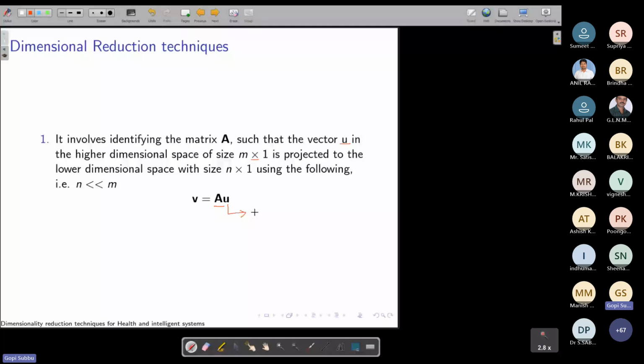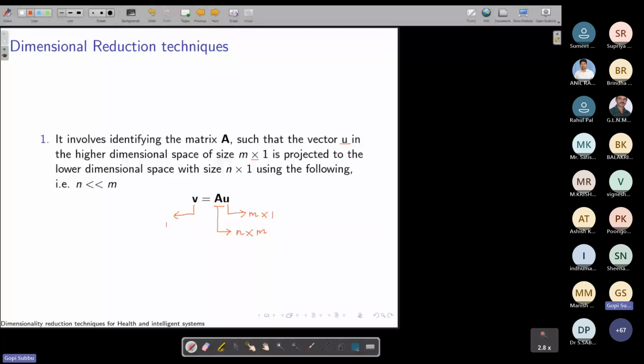Yeah. So this vector, which is m cross 1 here, we need a matrix A, which is of size n cross m, so that we can get that reduced dimension, which is of n cross 1.